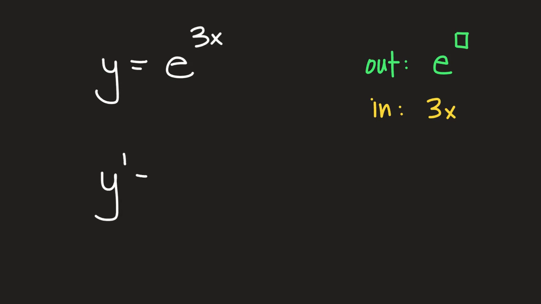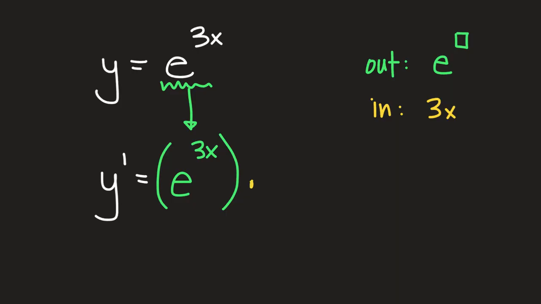So y prime equals, the derivative of an e value is the exact equation that we're given. So this is its own derivative. Always, every single day, even tomorrow, the derivative of an e function is itself times the derivative of its power.